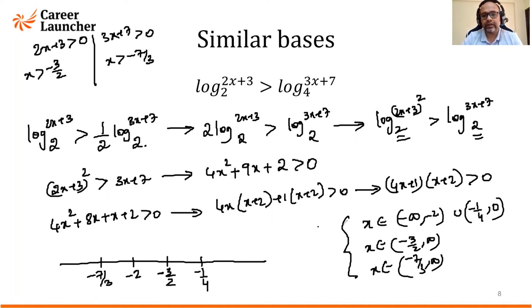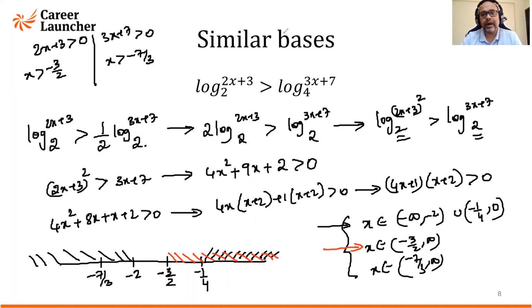First, write down the initial x and I'll mark it in black: minus infinity to minus 2, and minus 1 by 4 to positive infinity. The next x, I'm going to write in red: minus 3 by 2 to infinity, so that is this entire region.